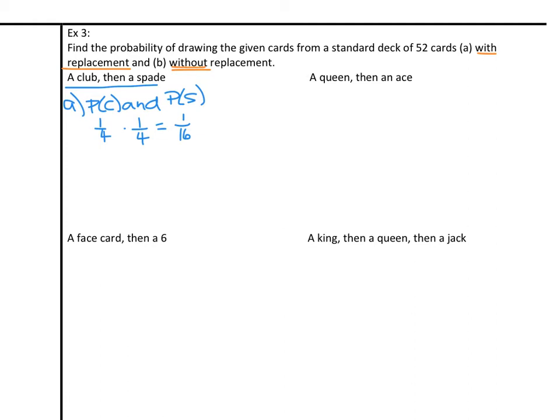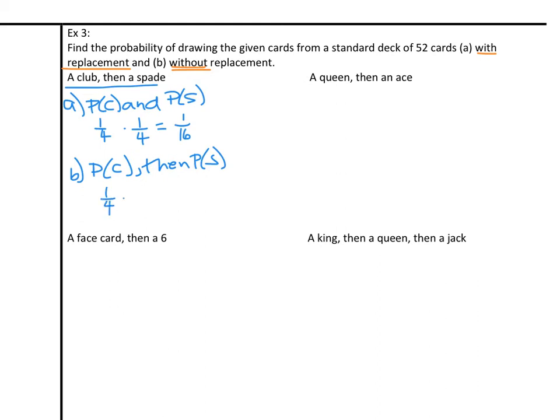Let's see what happens if we pick our first card and we don't put it back before we get our second card. So the probability of getting a club and then a spade without putting that card back, without replacing it. Our probability of getting a club is still going to stay 1/4.